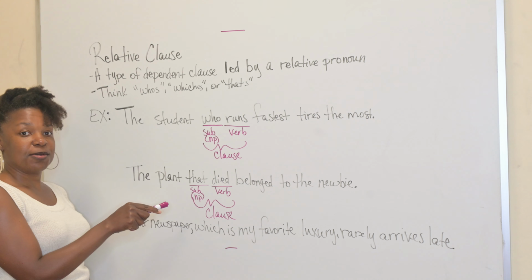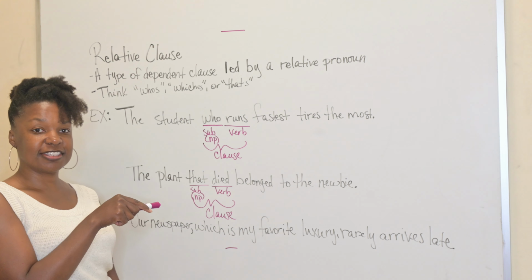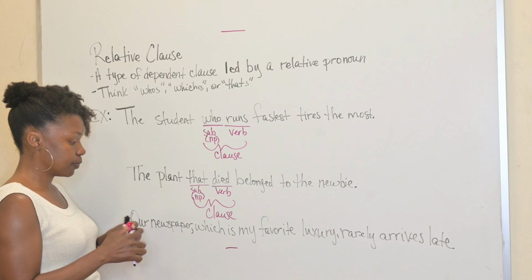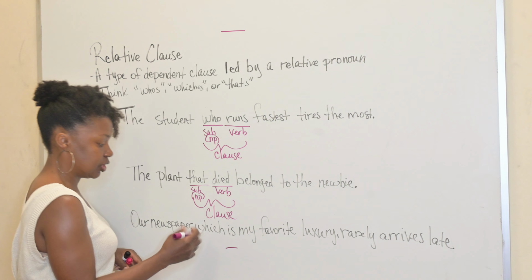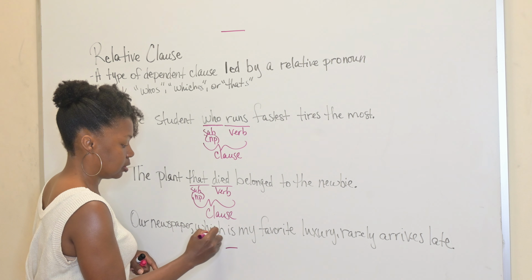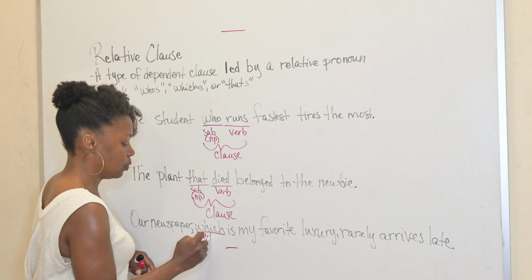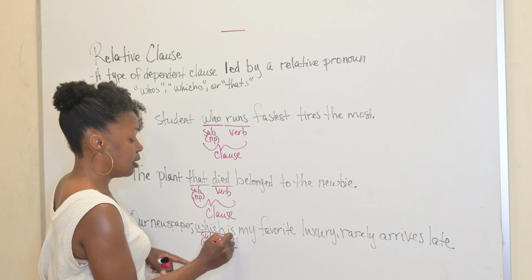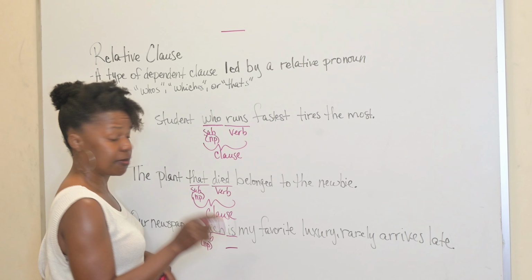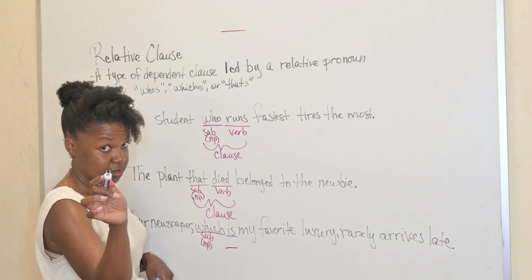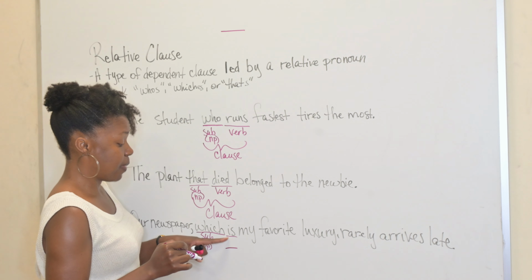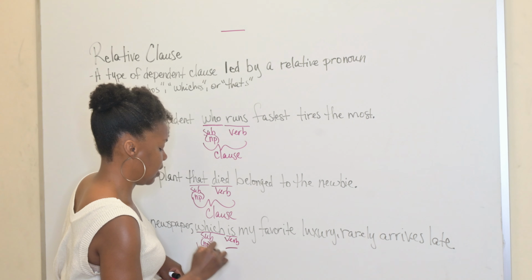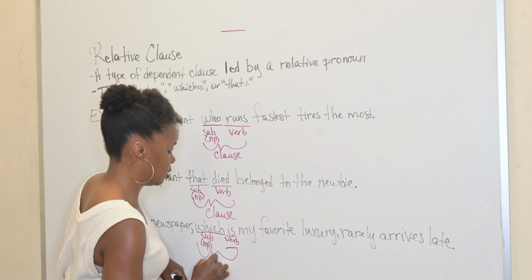Can you point out the relative clause? If you need to, go on and pause and then come back. I'm going to keep going. We have which, which is our subject. It's an automatic noun phrase, but it's a subject not because it's a noun phrase, but why? Because it's followed by this verb here. So we have another clause.